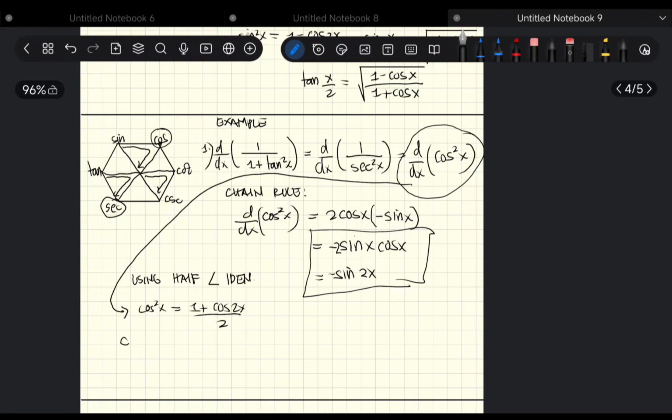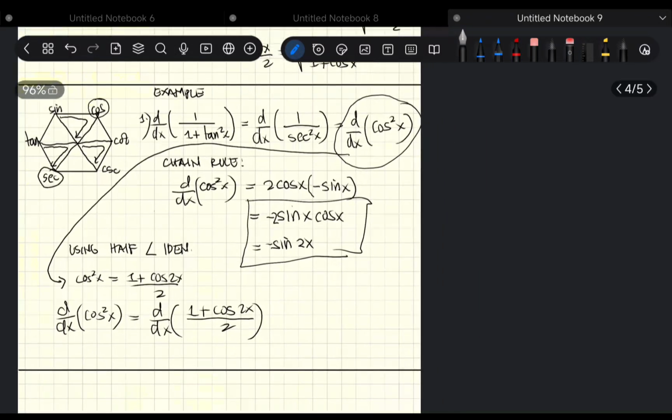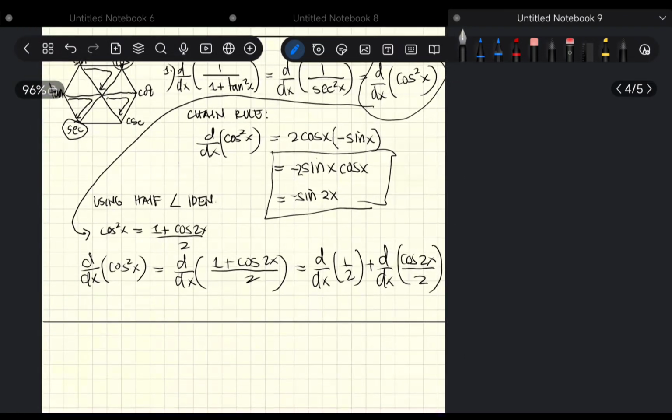So d over dx of cos squared x is equal to d over dx of 1 plus cosine 2x all over 2. That is d over dx of 1 half plus d over dx of cosine 2x over 2. The derivative of 1 half is 0.